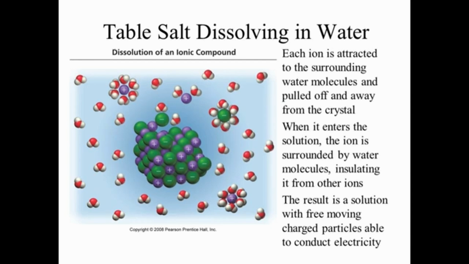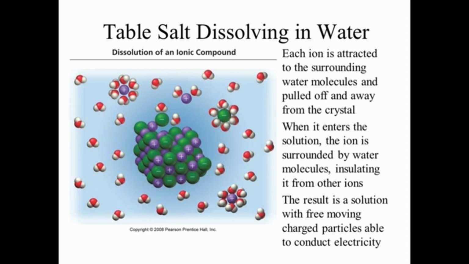Now each of the ions produced by dissolving in water is surrounded by water molecules, and they get pulled away from the crystal lattice structure of the sodium chloride. By the time they enter the solution, they are surrounded by water. Then each of them is insulated from one another by these water molecules.